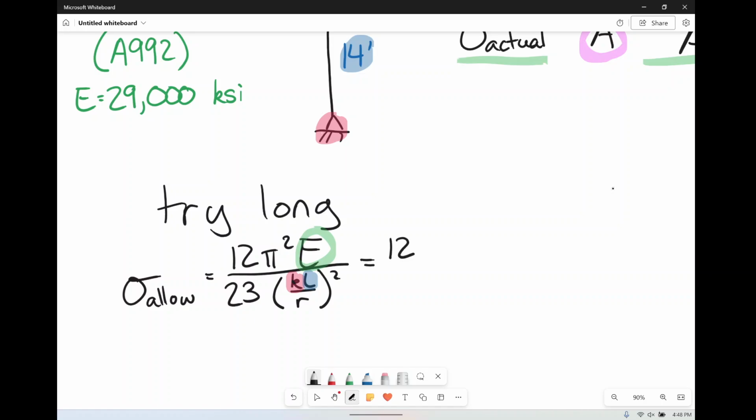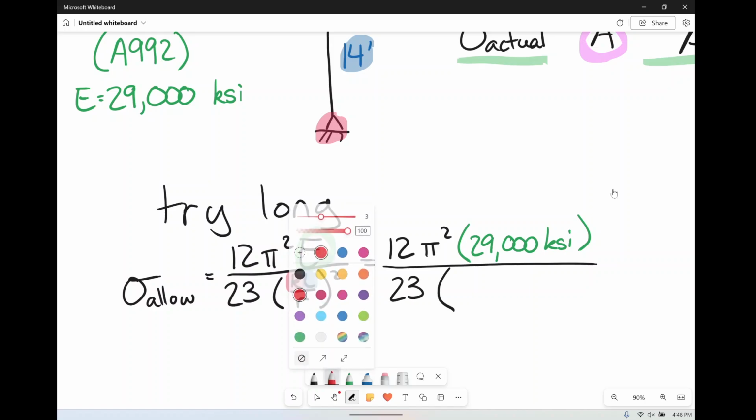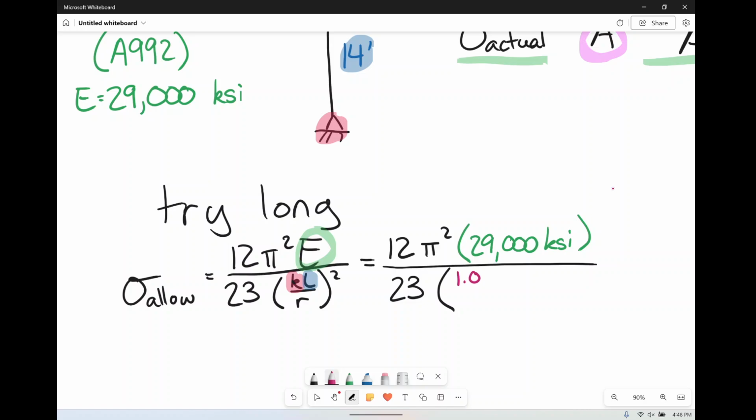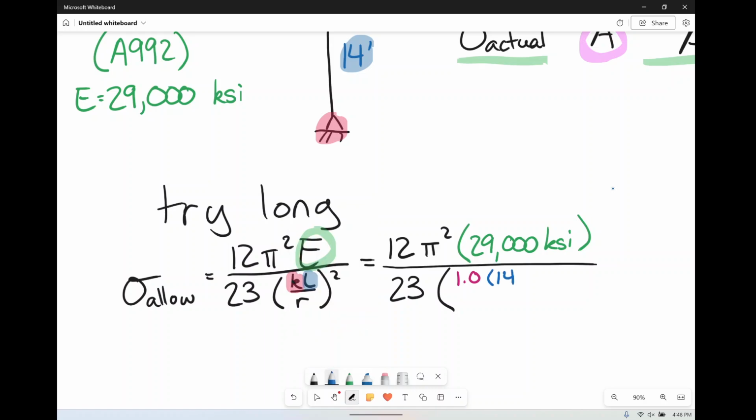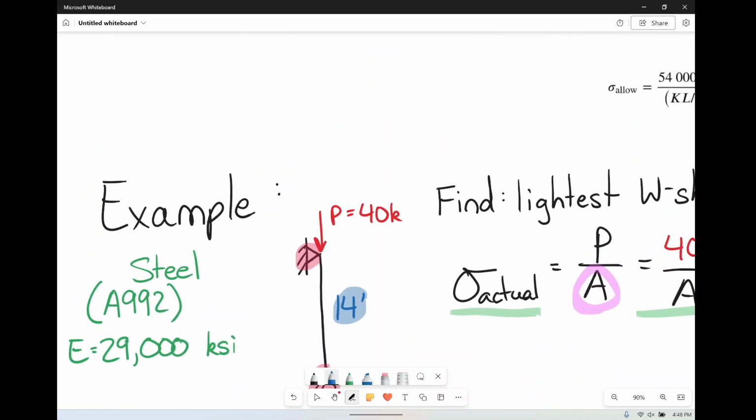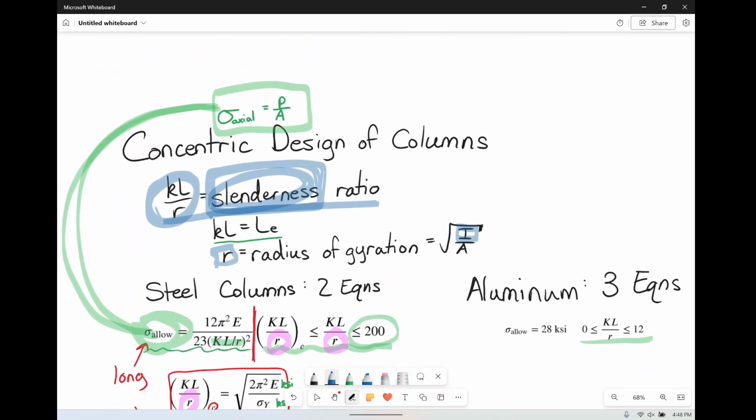So let's start. We have 12 times pi squared times 29,000 ksi divided by 23 times K, which we said was 1 because it's pinned, L, which is 14 feet. But let me remind you that radius of gyration, looking at the units, is the square root of inches to the fourth over inches squared, which means it's in inches.